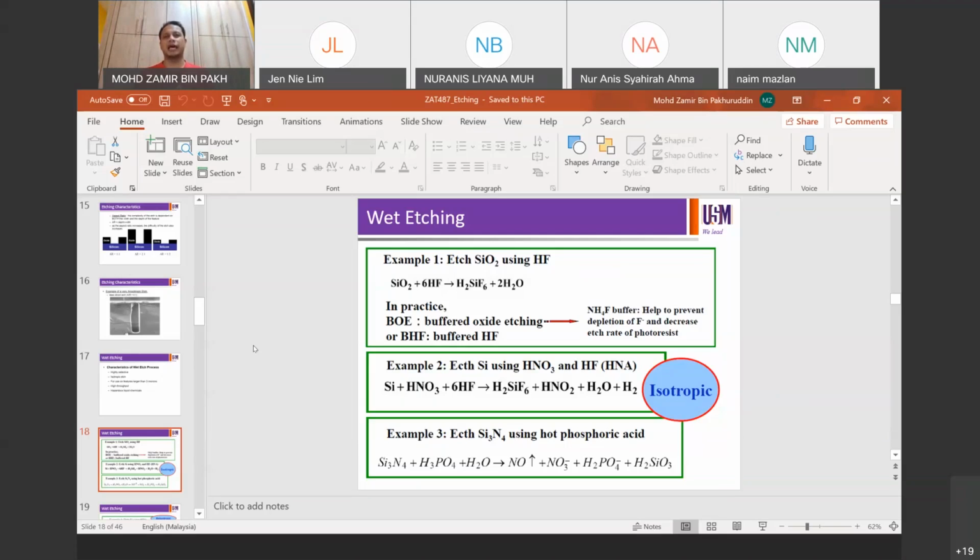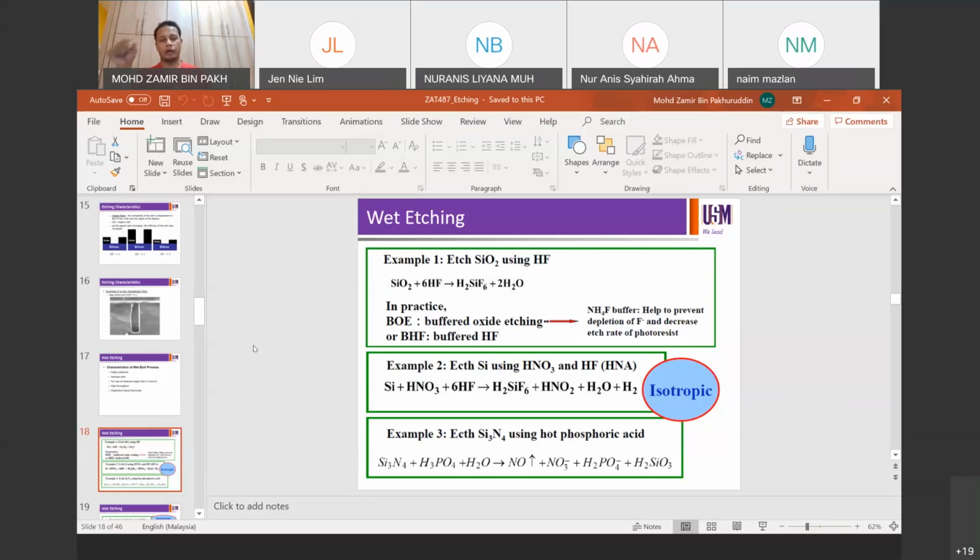So how do you tell when your HF has completely removed your native oxide? The surface will turn hydrophobic. So you soak for a couple of seconds, pick it up, the water still sticks, you dip again, until at some point, maybe 30 seconds, depending on your concentration as well, you pick it up and the water is no longer sticking to the surface.